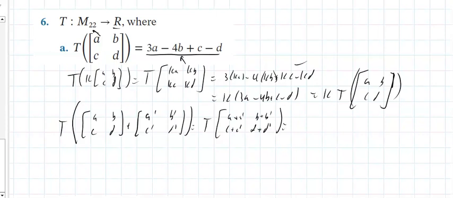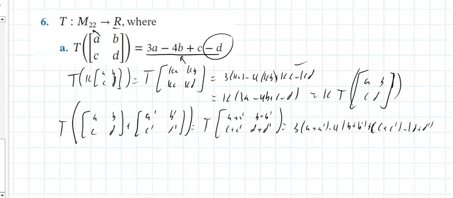That would be 3 into a plus a prime, minus 4 times b plus b prime, plus c plus c prime and minus d plus d prime.